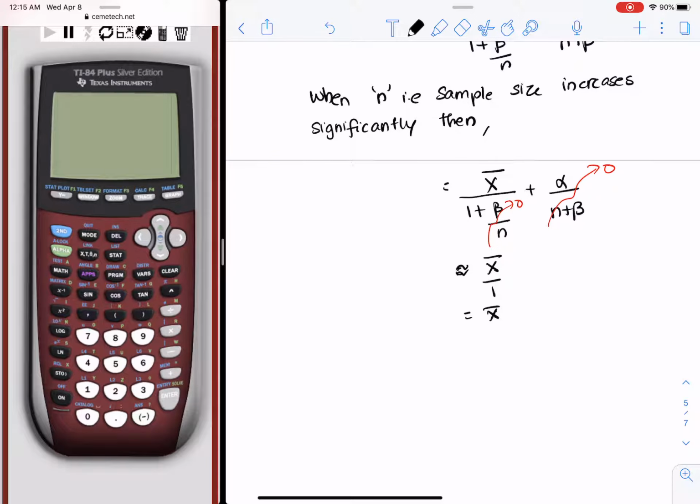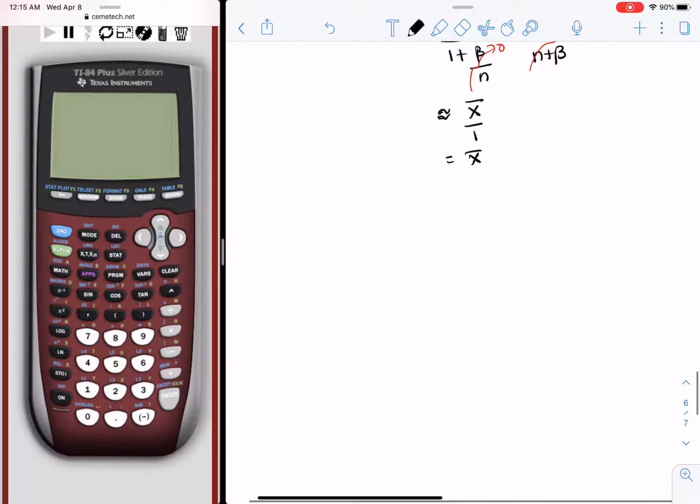If the sample size is significantly large, the prior has nothing to do with the value of the parameter. The prior does not affect the parameter. All you have to do is find the sample mean. However, if the sample size is small, then prior information could actually change how we interpret the posterior. So here is an example.